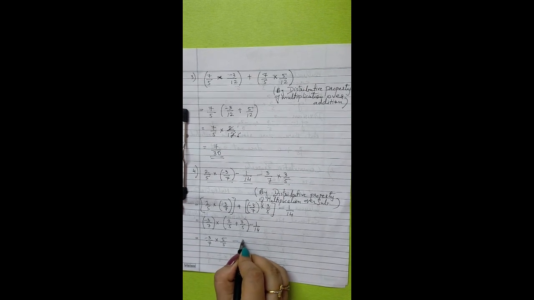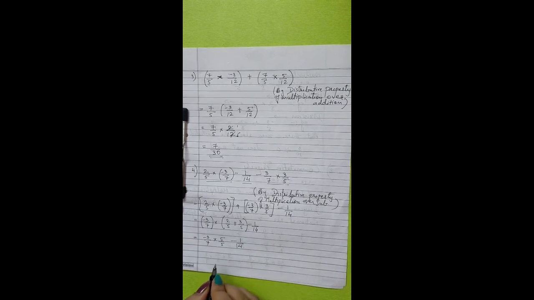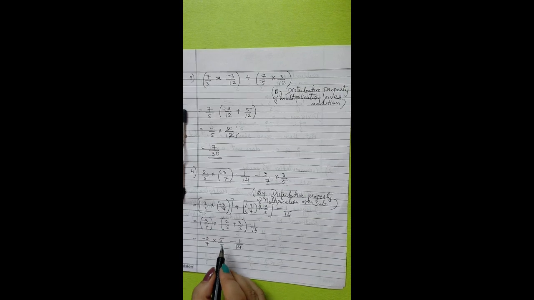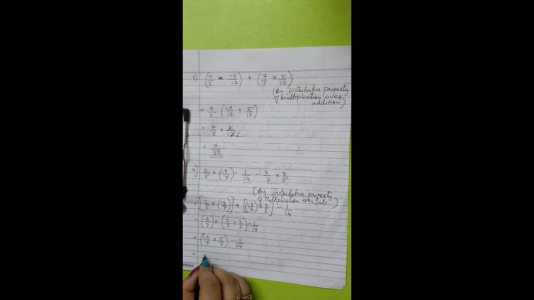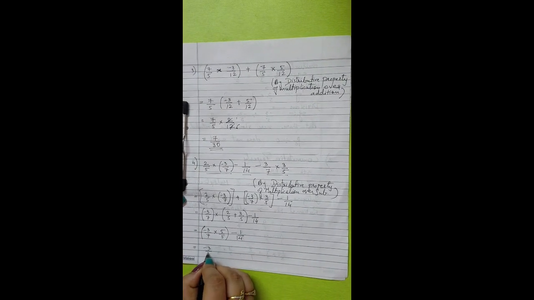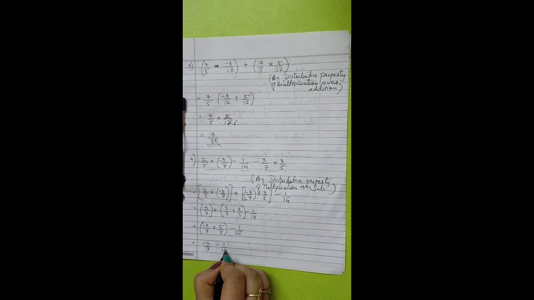And here 1 upon 14 we will be taking as it is. So here what we get is minus 3 upon 7 minus 1 upon 14.